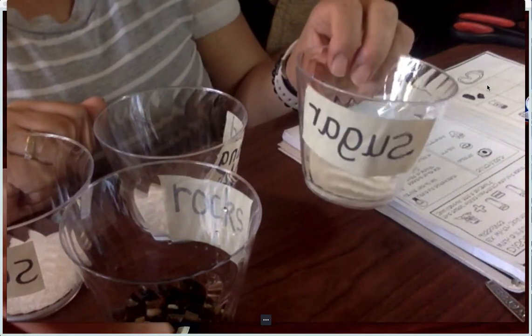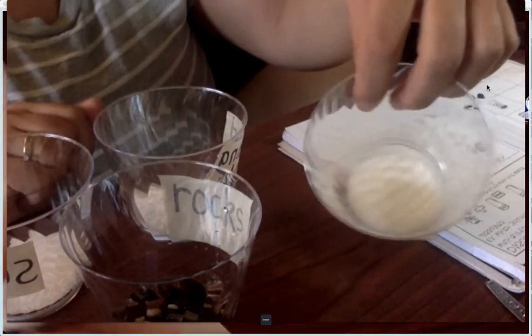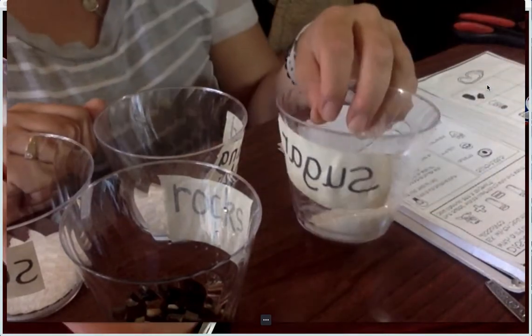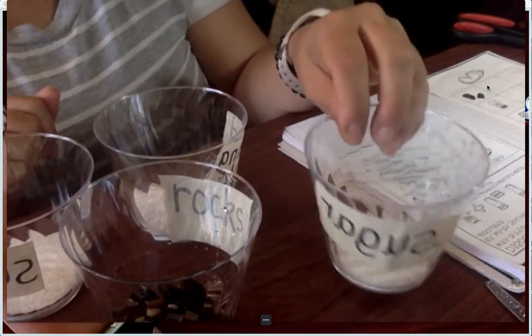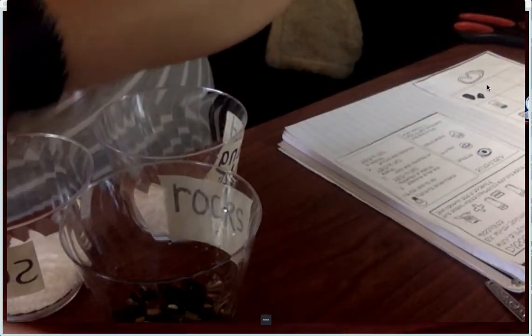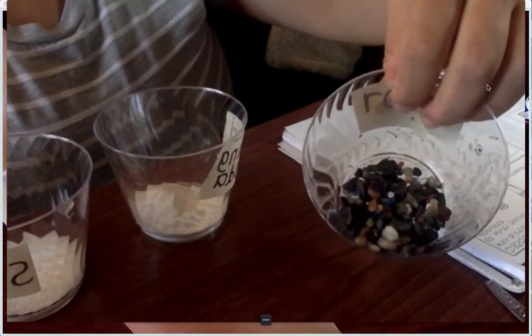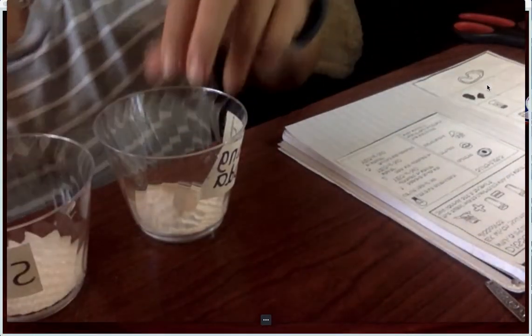So this is sugar, and what I did was I took a clear cup and I put about 2 tablespoons of sugar. I did not put an exact measurement, but I have 2 tablespoons of sugar. Okay, and I have about 2 tablespoons of rocks. Stole that from my fish tank. The fish were not happy.